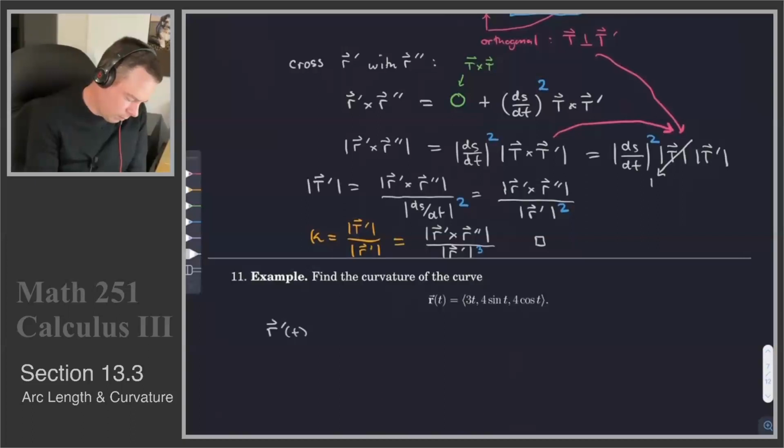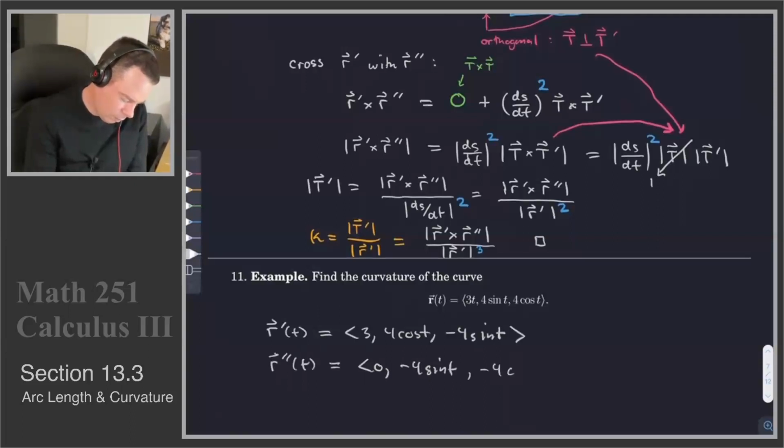r prime of t is 3, 4 cos t, negative 4 sine t. r double prime of t, just differentiate again, is 0, negative 4 sine t, negative 4 cos t.